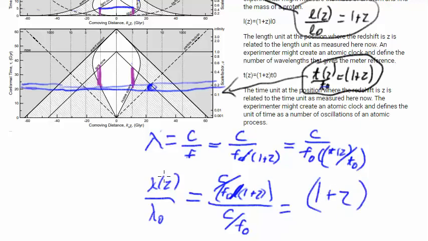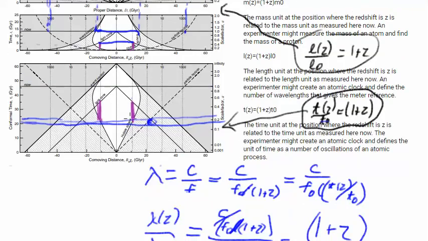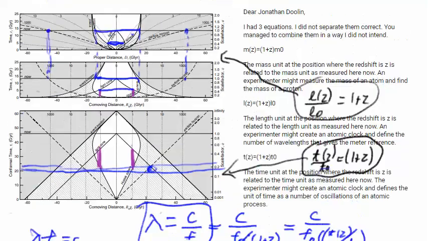So you can actually derive this about the wavelength just between this map and this map, assuming this quality about wavelengths and frequencies is accurate. You don't need to then make another statement that lambda of z over lambda sub naught equals 1 plus z, which takes you into another coordinate system.